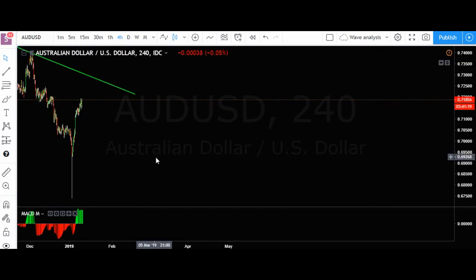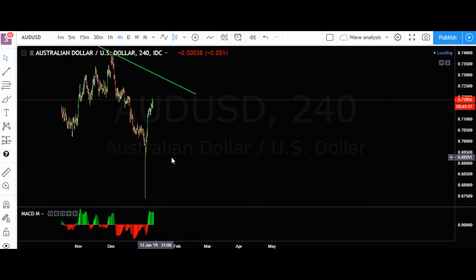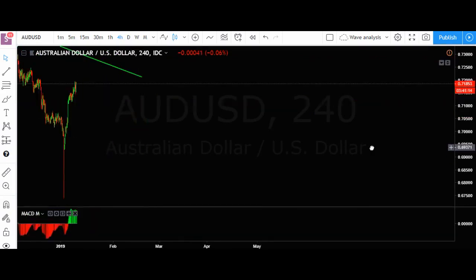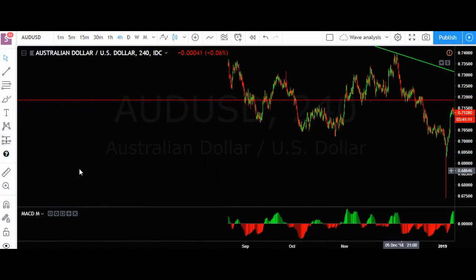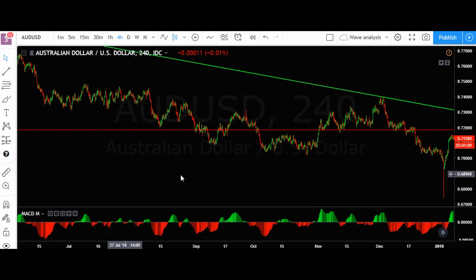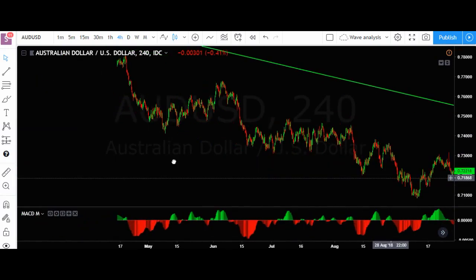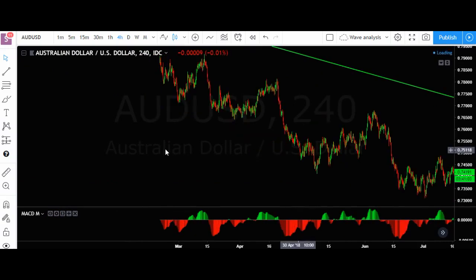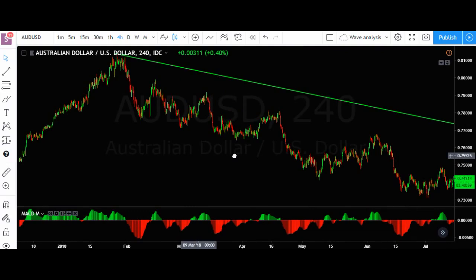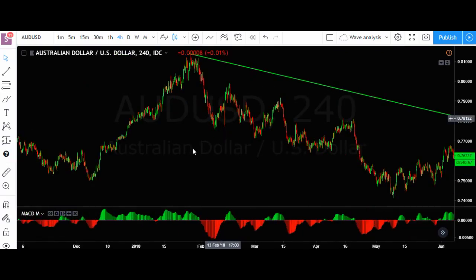Let's go to our 4 hour and see some examples on our 4 hour. Let's just get somewhere where we can start from the top. This looked like a very good downtrend, so let's take it from right over there.